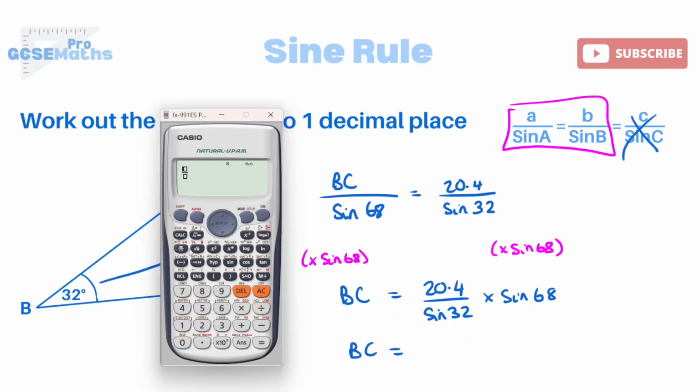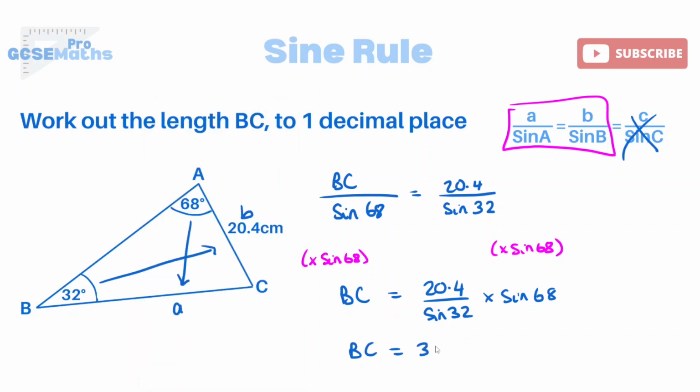So I'm going to type in my fraction, 20.4 over sine 32, just remember to close the brackets in your calculator, times by sine 68 equals. Here we go, that's my answer for BC. So it said to one decimal place, so that will be 35.7. And it's a side, which is in centimetres.